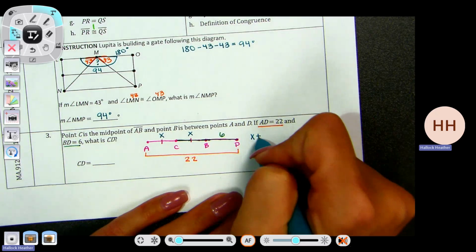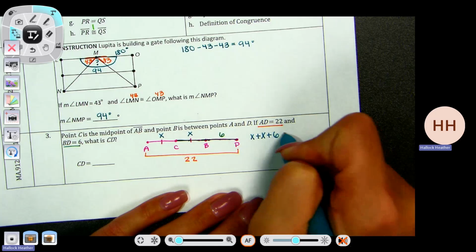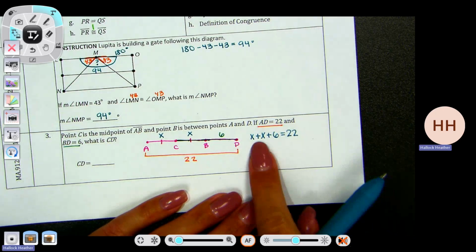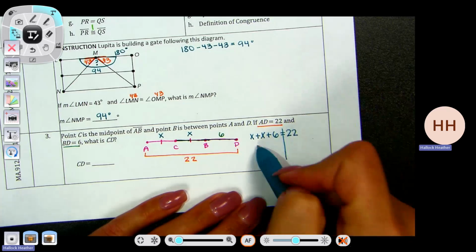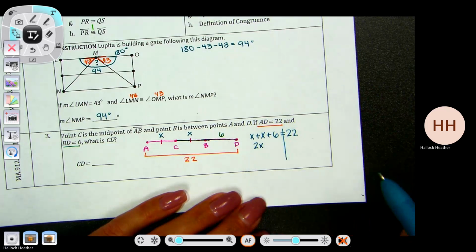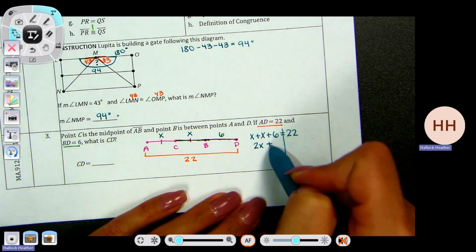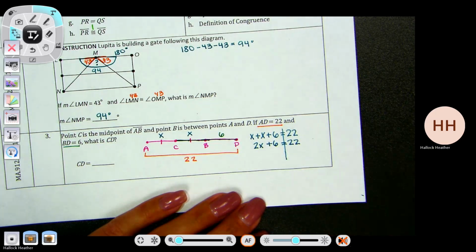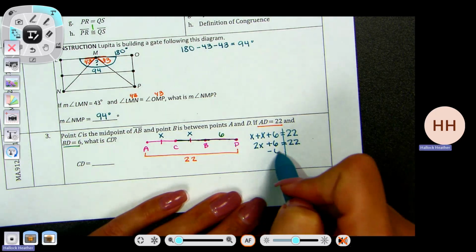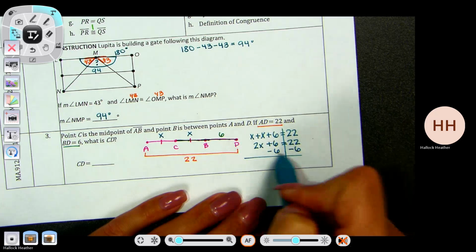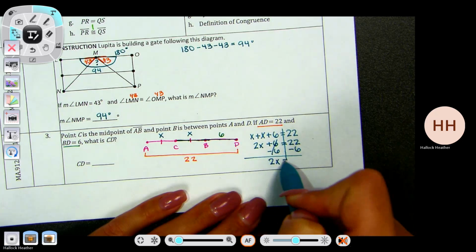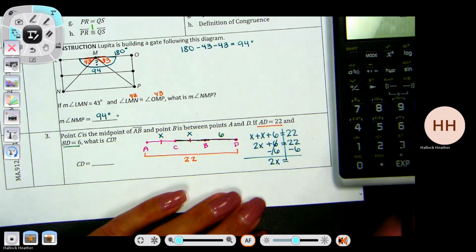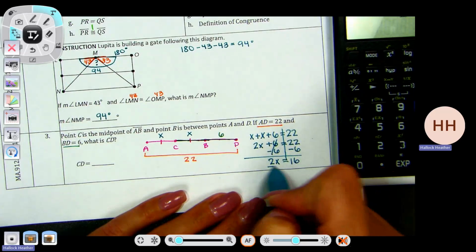So X plus X plus 6 equals 22. If I combine like terms, X plus X is 2X. I'm adding 6 and it equals 22. I'm going to subtract 6 from both sides, and I'm dividing by 2.